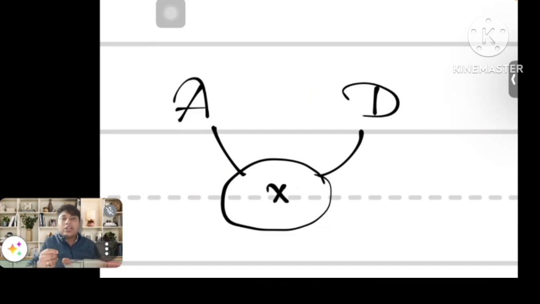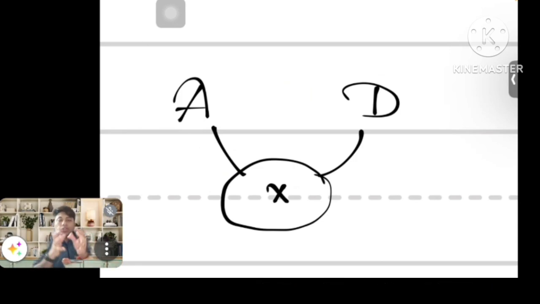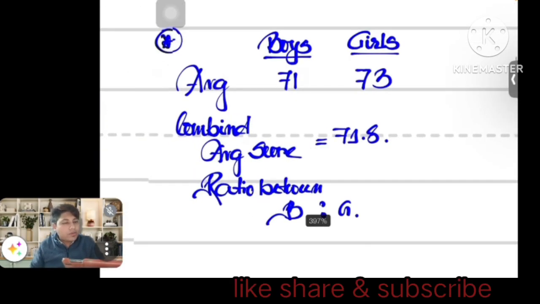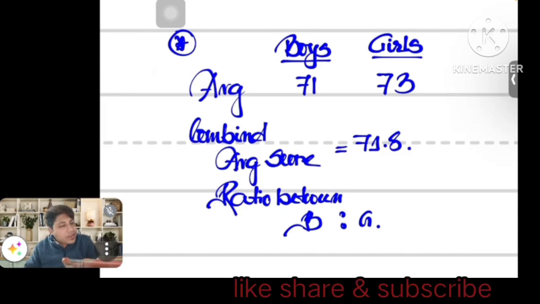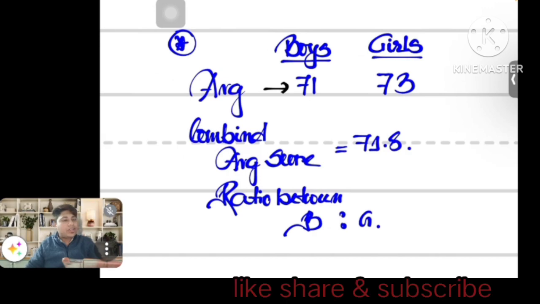Remember that. Then I will not ask my buyer to pay a different price for Assam and a different price for Darjeeling tea. No, then we charge a particular value, which is called the combined value. Again, here is a question we have been given. Boys and girls, their average score in the class is given as 71 and 73.